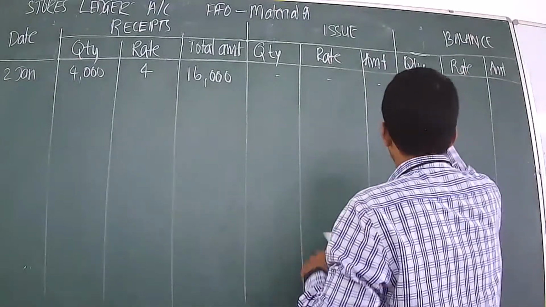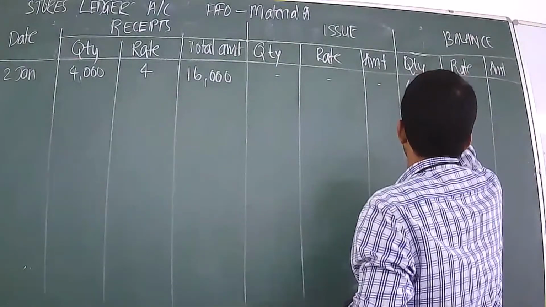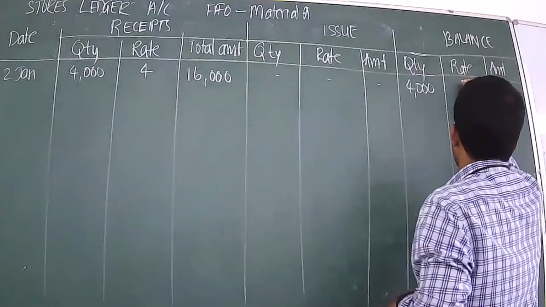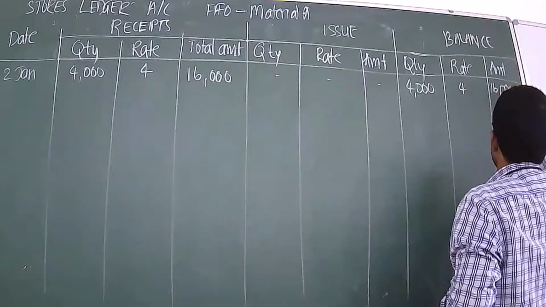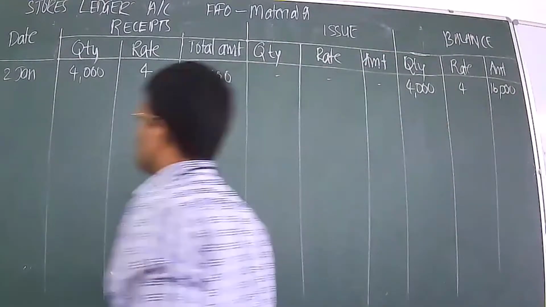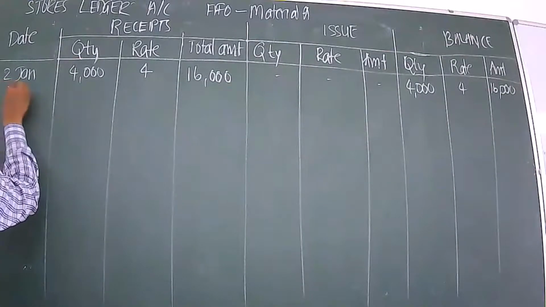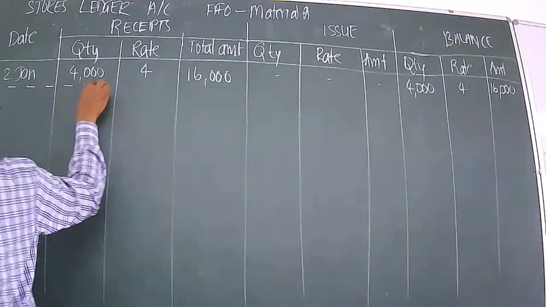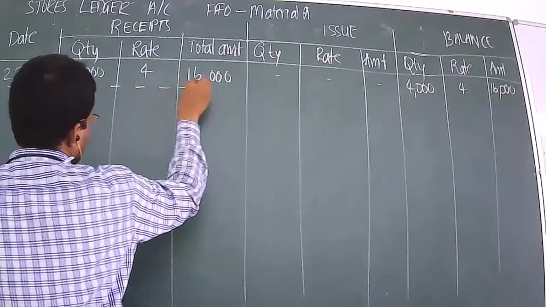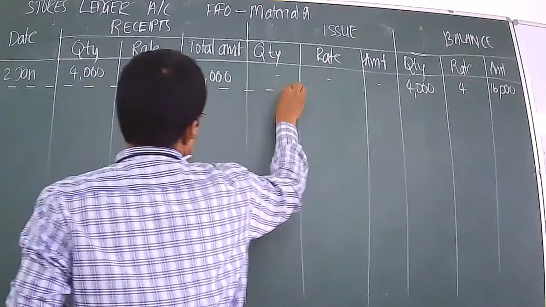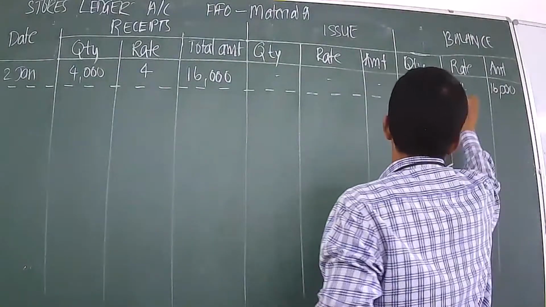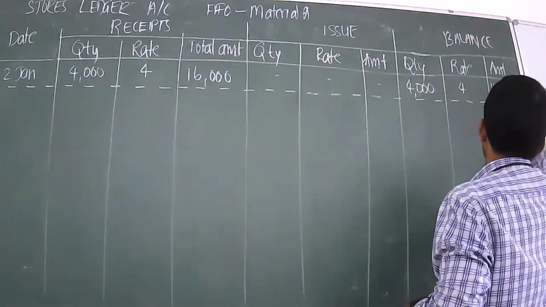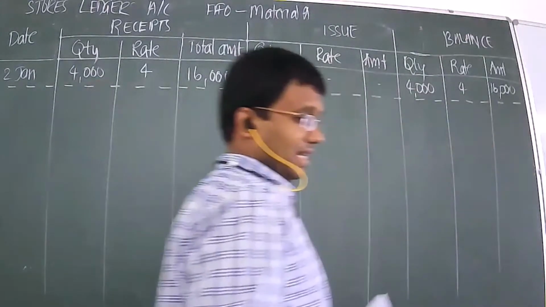So we have 4,000 units, we are recording this at 4 rupees. The closing balance is 16,000. So we are done with recording the transactions for the first day. That was 2nd of Jan. Okay, so this is taken care of.